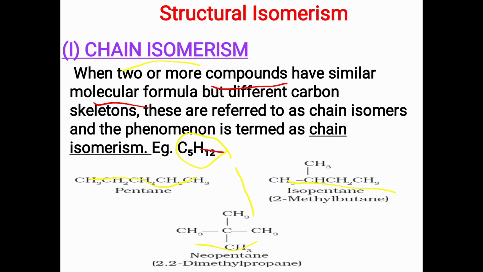One is normal pentane, another is known as isopentane, another is known as neopentane, and whose IUPAC name is also attached here. But the formula remains the same. As a result, these isomers have different chemical as well as physical properties.